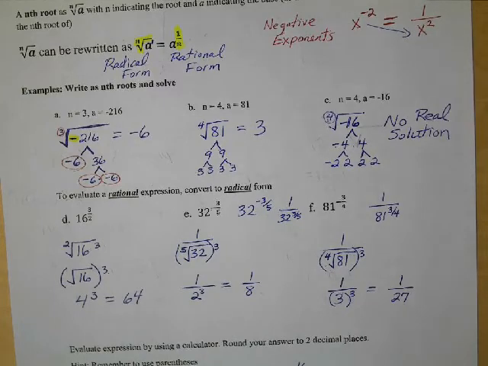If it's an even one, like that one with an even power on the outside, you can't do a negative, because if you have four negatives, it makes a positive. This one works because it's a fifth. If it's odd, it works. We did an odd one of a negative and it was just -6.